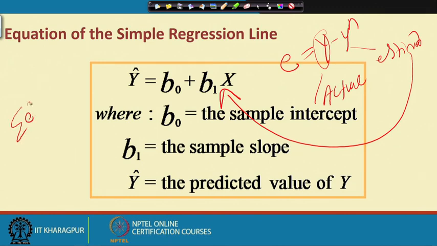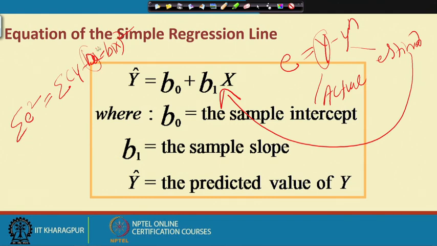Technically, we square both sides and then take the summation. So, summation e squared equals summation of (y minus b0 minus b1 x) whole squared.